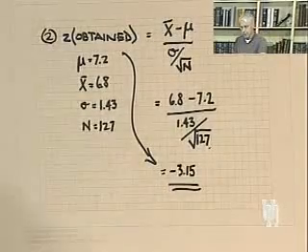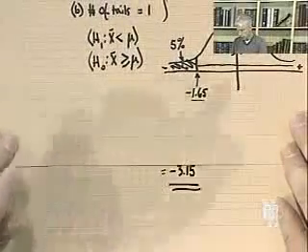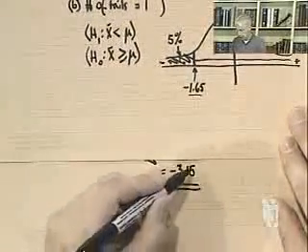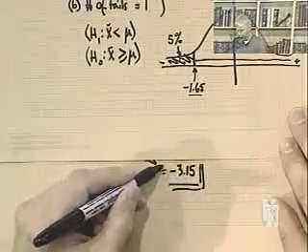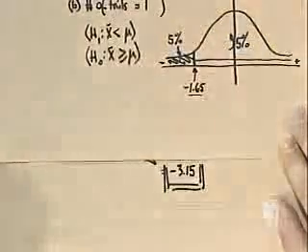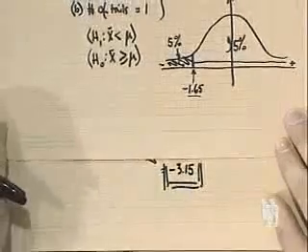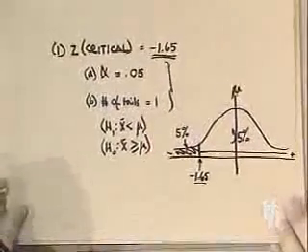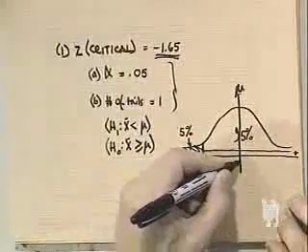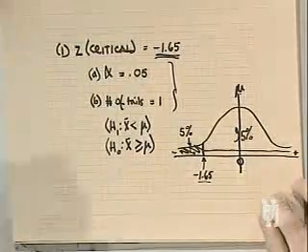Let's go back then to the diagram here. We can now place the single sample mean of 6.8 into this standardized normal distribution. It lies 3.15 standard deviations below the mean. At the center here, would you agree, is 0 standard deviations.